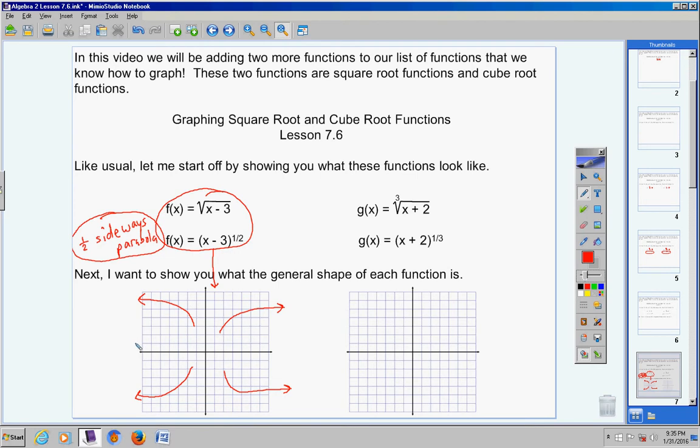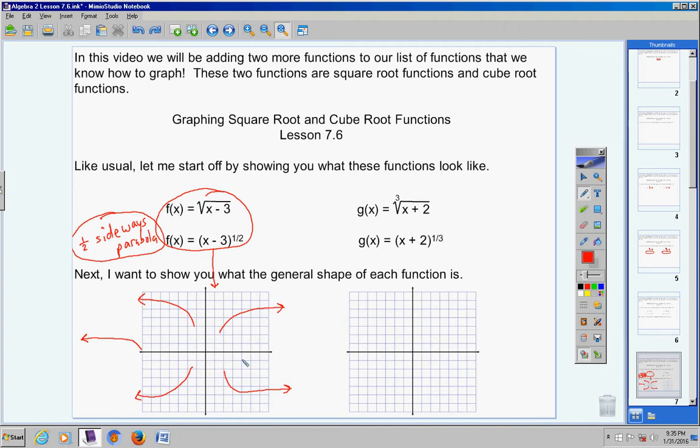It could be a real wide one like this. It could be a real narrow one like this. Just like parabolas can be narrow and parabolas can be very wide. So a square root function, the best way to verbally describe it is it's half of a sideways parabola.